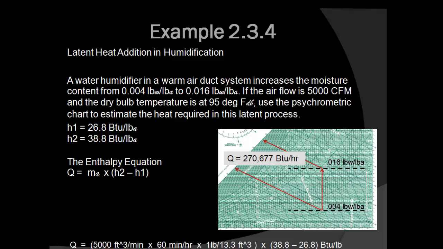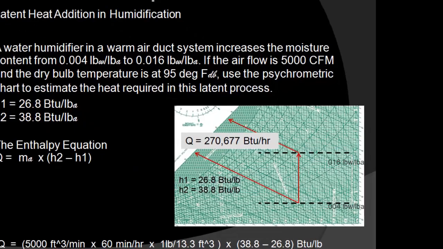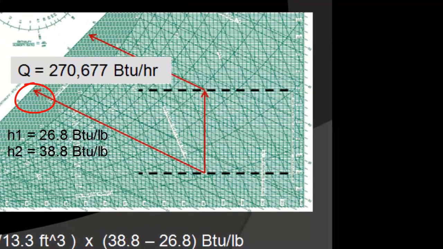From the psychrometric chart, we can determine the enthalpy of the air entering and leaving the humidifier. The enthalpy of the air entering the humidifier is approximately 26.8 BTUs per pound, and the enthalpy leaving the humidifier is at 38.8 BTUs per pound.